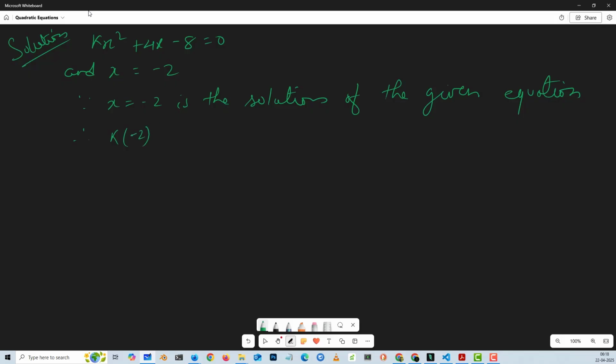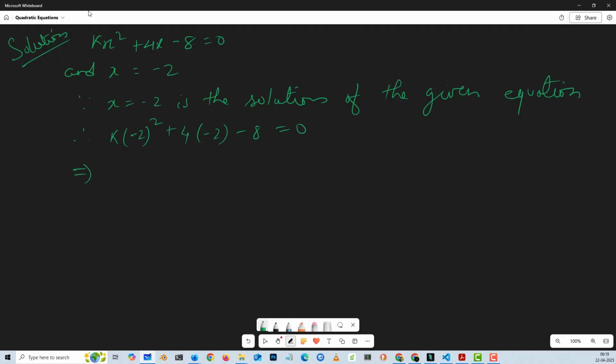Minus 2 square plus 4 into minus 2. See, there is minus 2, not just 2, it's a minus 2, negative 2. So be careful about that.